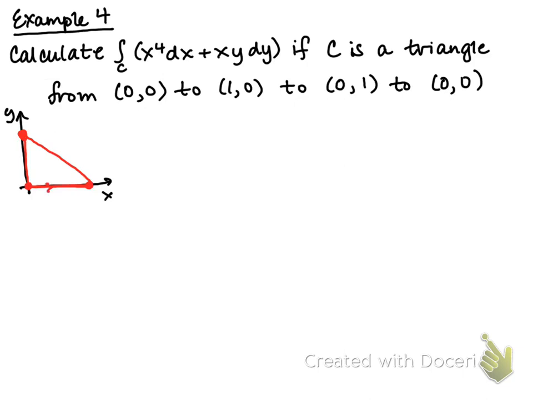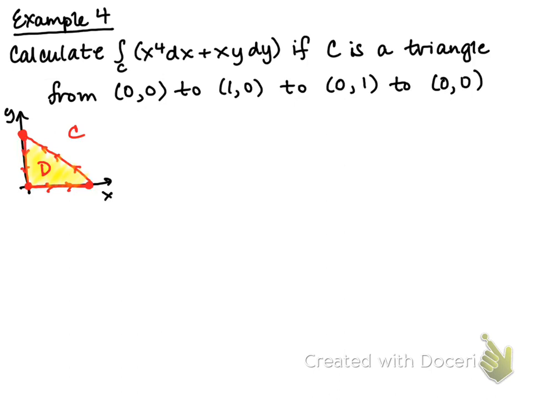So this is positively oriented. If I walk along that curve, the region here, which I'm going to call D, will be to my left. If we do this directly without using Green's theorem, then we would need to use 3 separate integrals.